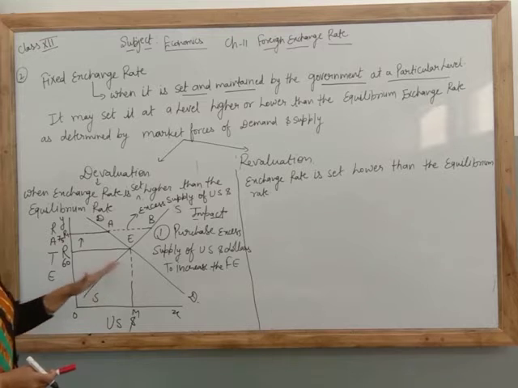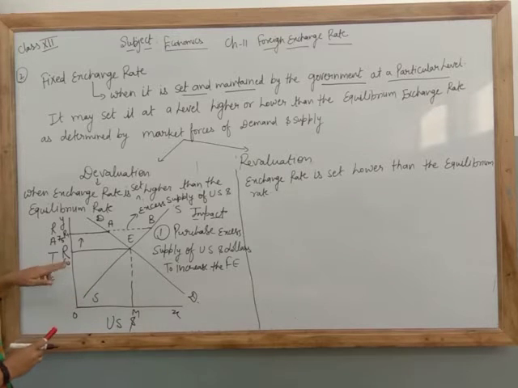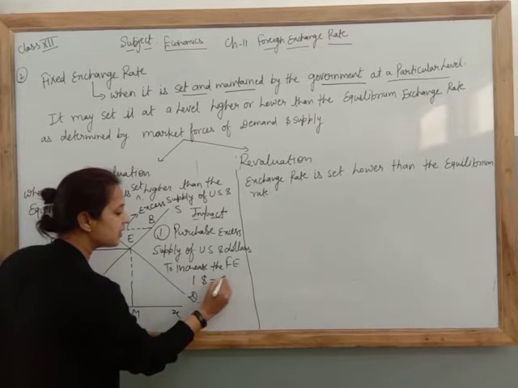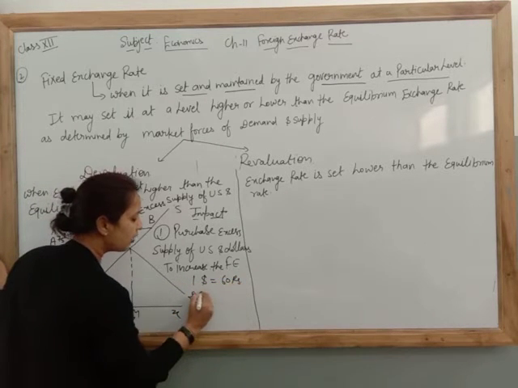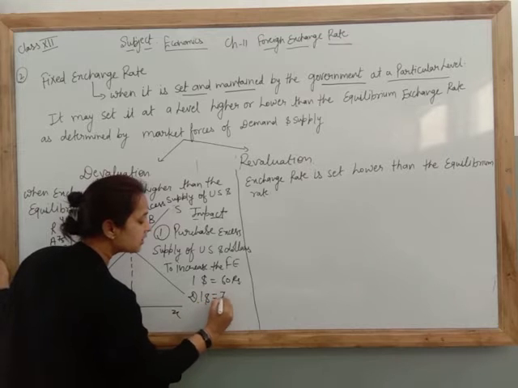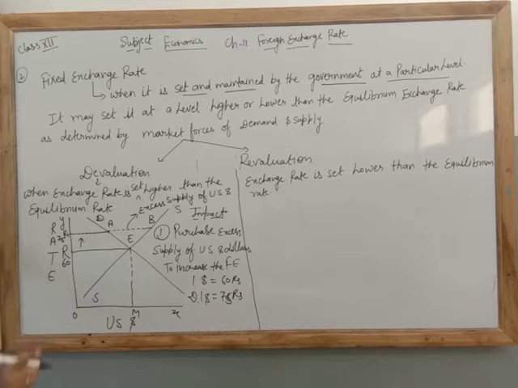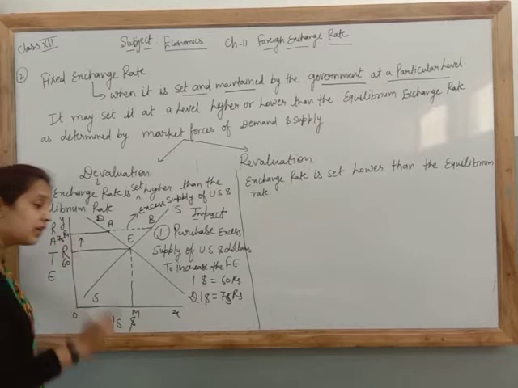Clear? Second, what will be the effect? The government wants to increase exports. Earlier we were able to purchase $1 at rupees 60, now we purchase $1 at rupees 75. You can see very easily the purchasing power of the US dollar will increase.